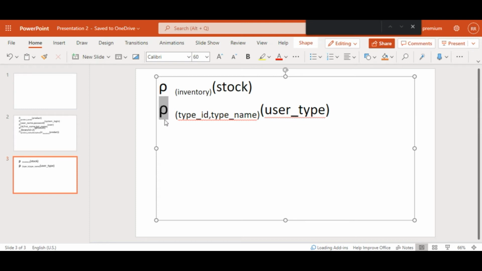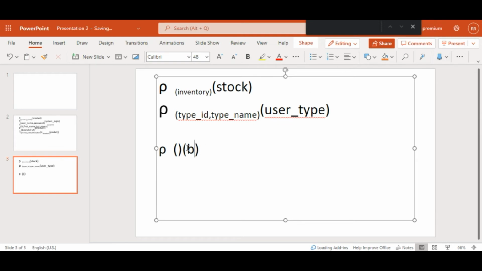The same operation symbol, and there will be two brackets. This one basically represents the brand table.